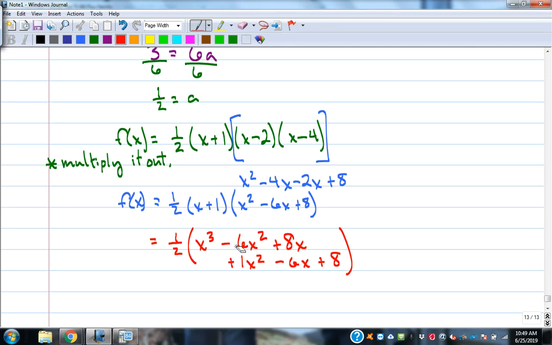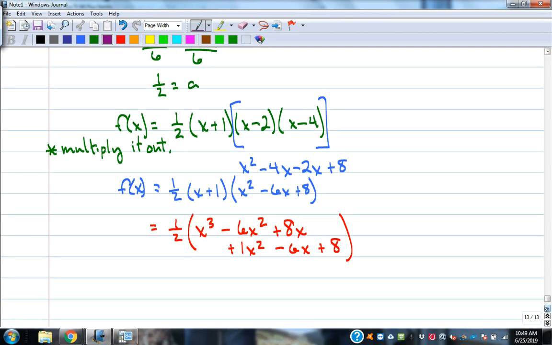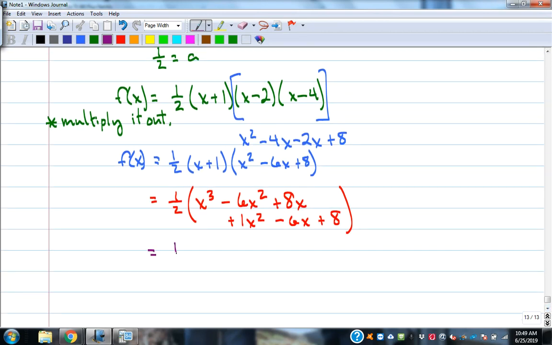Remember stacking these up like we did back maybe second or third class meeting. So I'm just simplifying here. 1/2 parentheses x cubed minus 5x squared plus 2x plus 8.